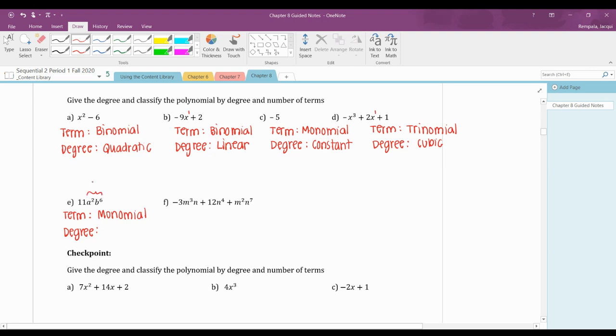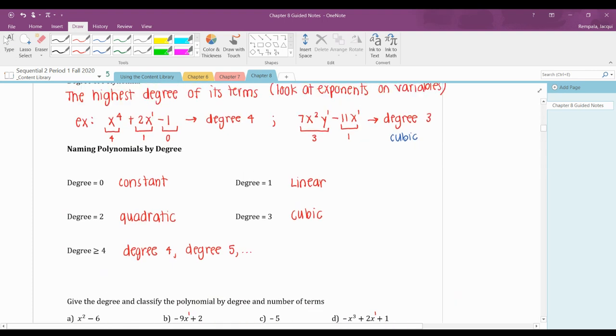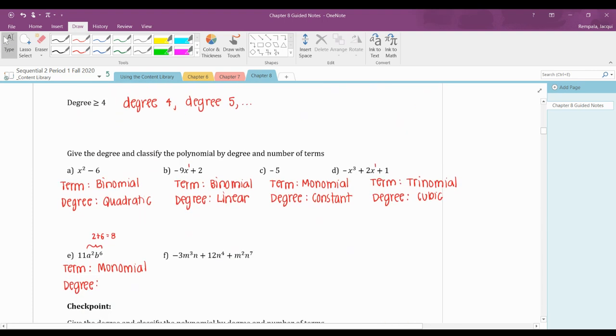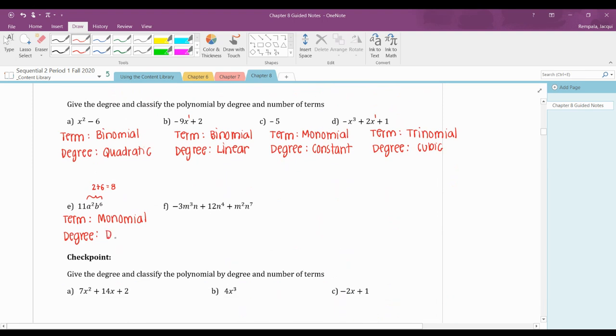So when I add 2 plus 6, I'm going to get 8. So because 8 is a bigger number than 3, because remember we have 0, 1, 2, or 3 with names, anything that's greater, we just say then this is degree 8.